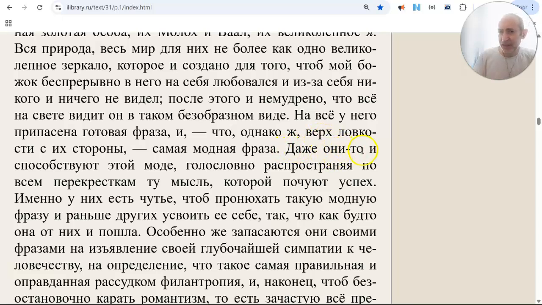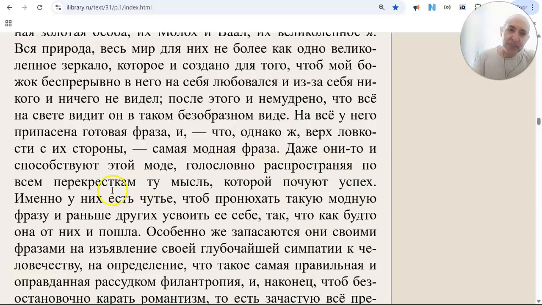And то, it's just stress of the emotion on the thought. So то, you can skip it here. Даже они-то и способствуют этой моде. So they even assist that fashion. Because мода means fashion. They even assist that fashion. So which fashion? Meaning the fashion of using those fashionable phrases.